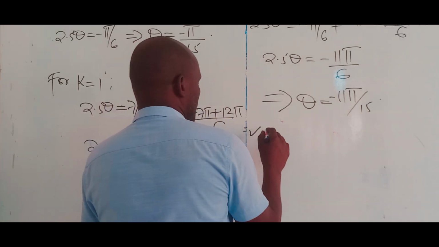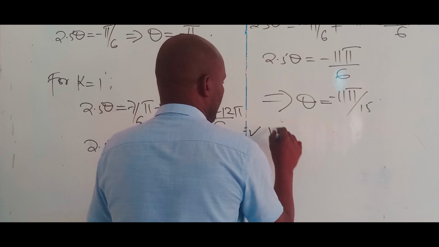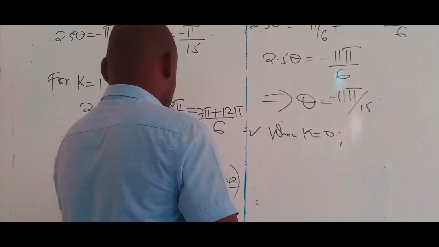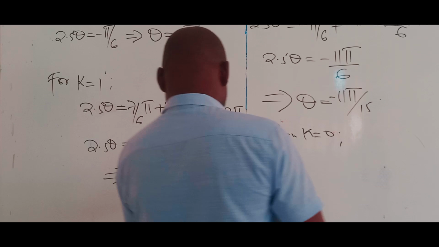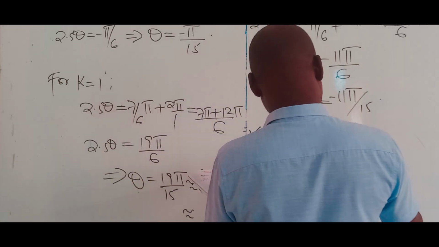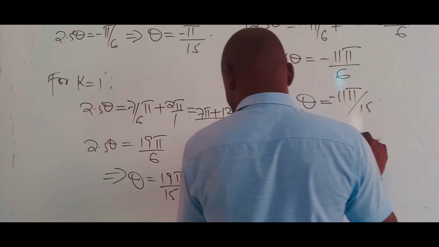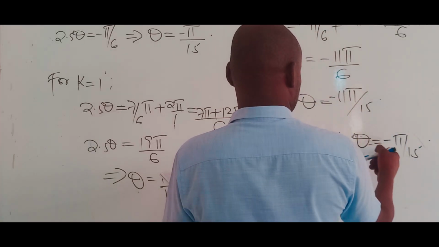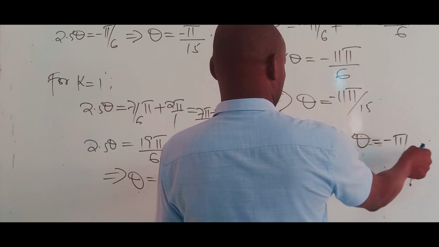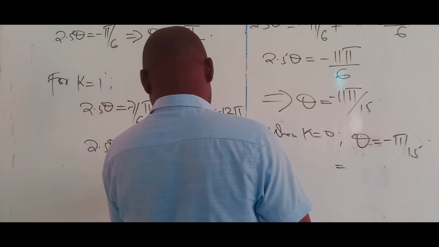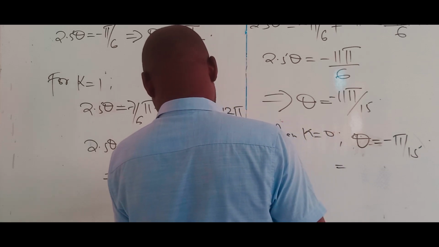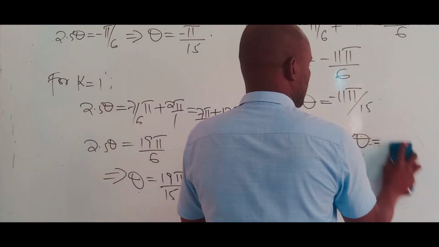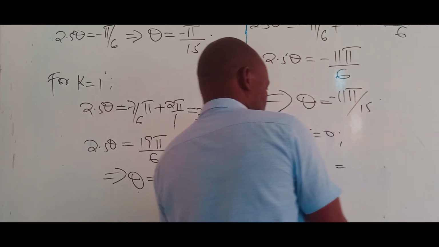So the solutions that we are going to have when k is 0 and you are using this equation: theta is equal to minus pi over 15, and if you work out the degrees, this one is outside the range because it will be negative, and that one we had worked out in the bit that I've just rubbed.